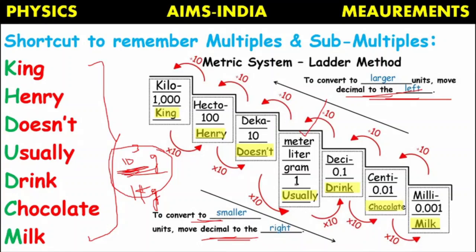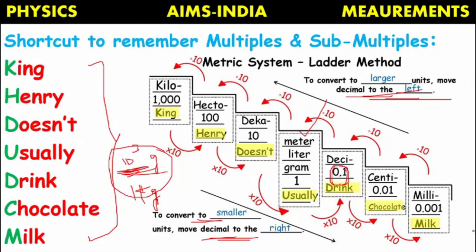To convert to a smaller unit, I have to move the decimal point to the right, so it becomes 0.1. That is called deci. To make it smaller still, the decimal point has to move further right: 0.01 centi, 0.001 milli. Or if I want to increase, 1 to 10, I can add a 0. 10, deca, 100, hecto, 1000, kilo.